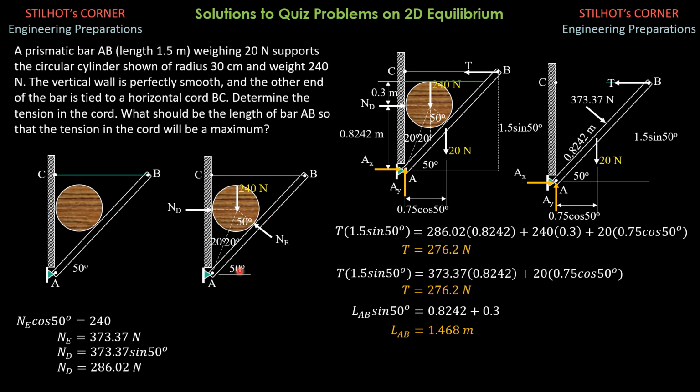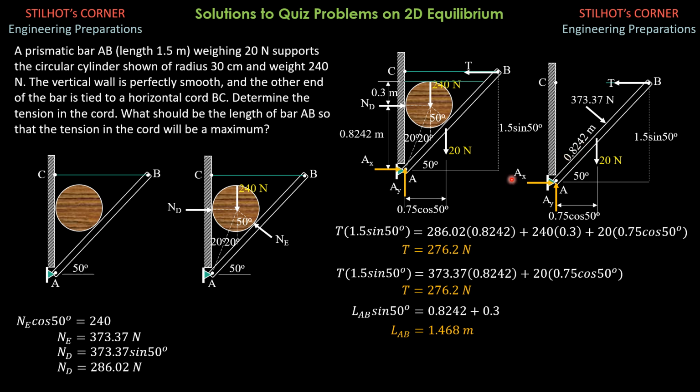To solve for that distance, tangent of 20 is 0.3 meter over this distance here. Therefore this distance is 0.3 over tangent 20, and that is 0.8242. The distance from A to this point of tangency is also the same, 0.8242. So it is shown here.